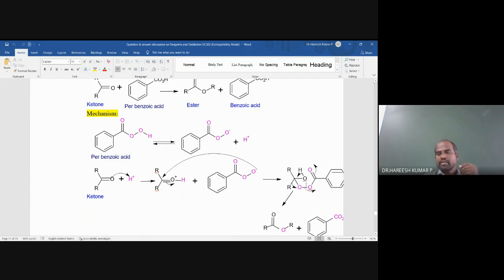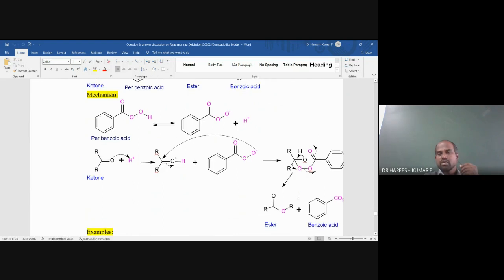At this moment, this bond pair can come over here, and there will be a migration of one of the R groups from the first position to the second position, that is, the oxygen position. Thereby it leads to the formation of an ester, and benzoic acid is a byproduct, which goes out.